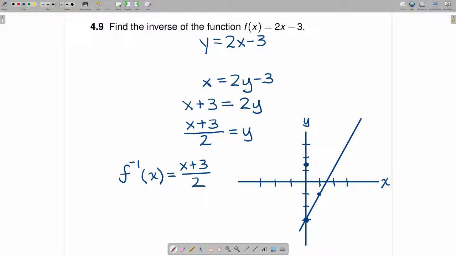And what a slope of 1/2 is you rise 1 and run 2 units. So here is our second point. We go up 1 and over 2, and we get that as the second point on the inverse function. So it can be drawn as the line passing through those 2 points.